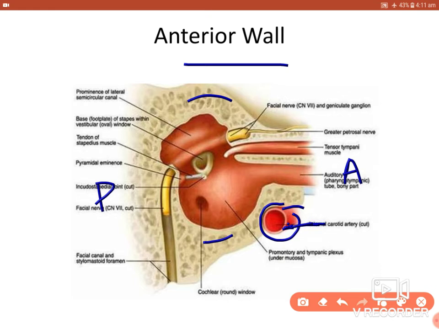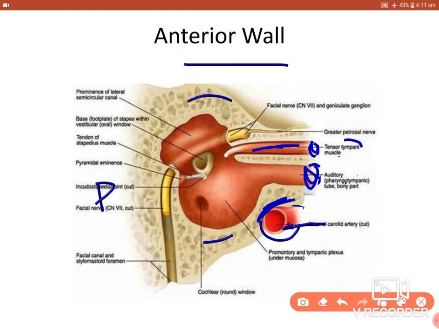Okay. Then see here, the posterior wall of this carotid canal forms the anterior wall of this middle ear. Above this bony part you can see two openings. Superiorly, this is the opening for the passage of the tensor tympani muscle. Inferiorly, you can see the auditory tube, the pharyngotympanic tube or eustachian tube.